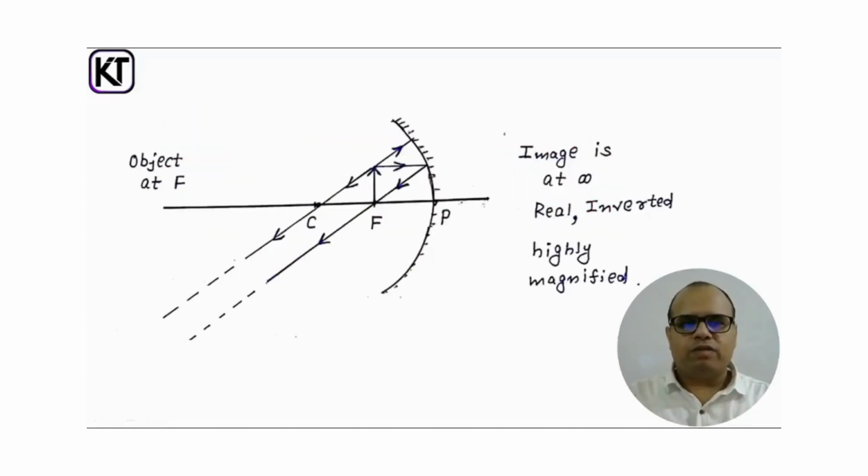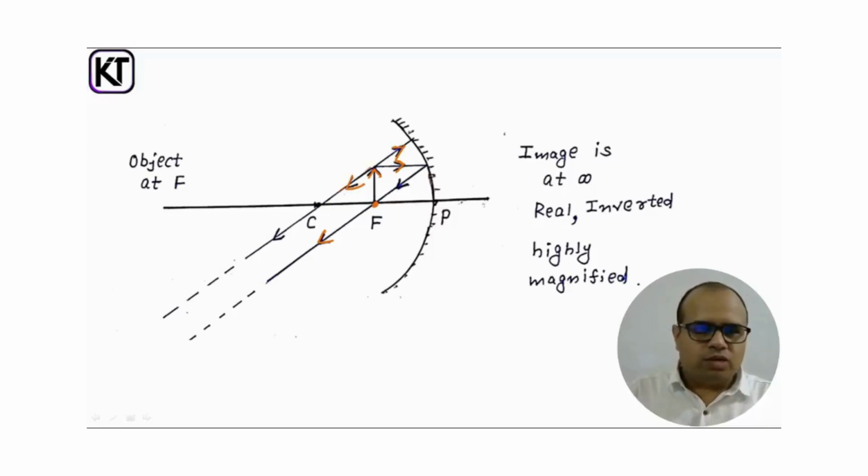Now what we are doing, we'll be keeping it at focus. So the object is now kept at focus in this particular case. When the object is kept at focus, if we follow the rules for the image formation, a light ray incident parallel to the principal axis after getting reflected from the mirror passes through focus, and a light ray which is coming from the center of curvature after getting reflected retraces its original path.